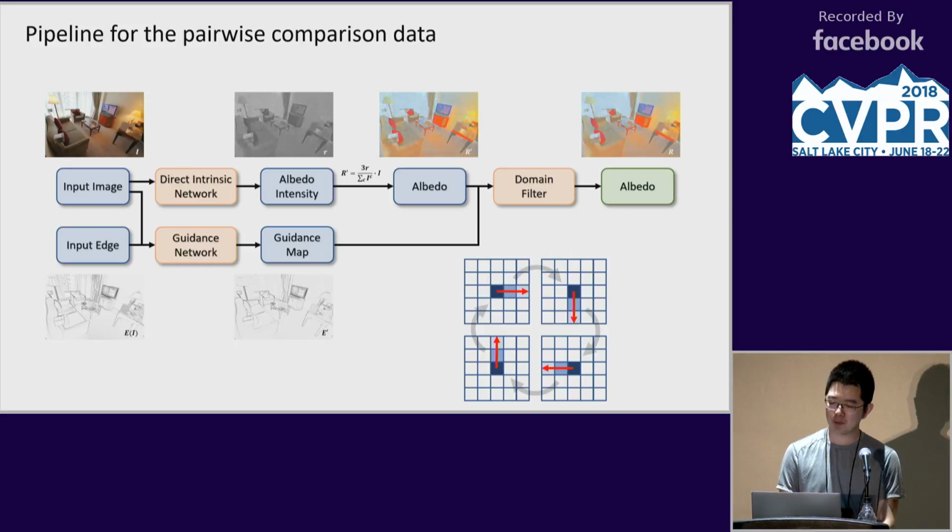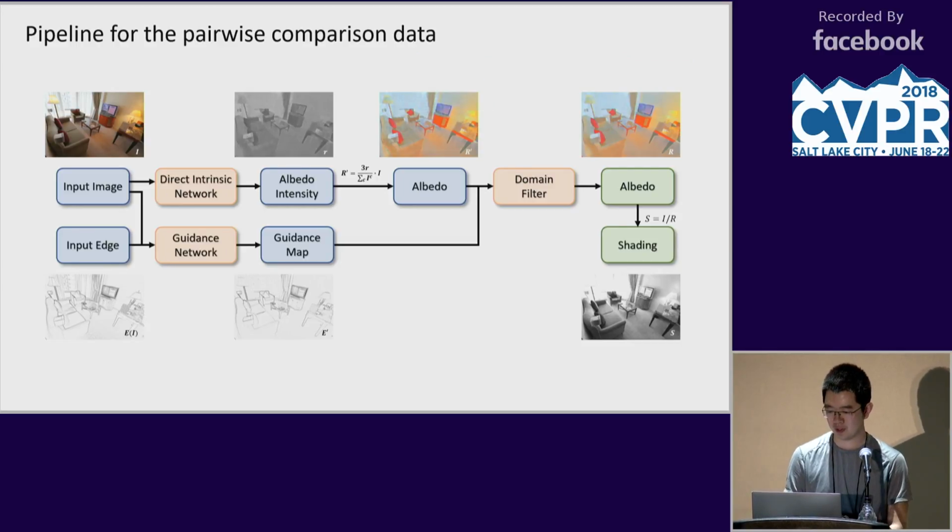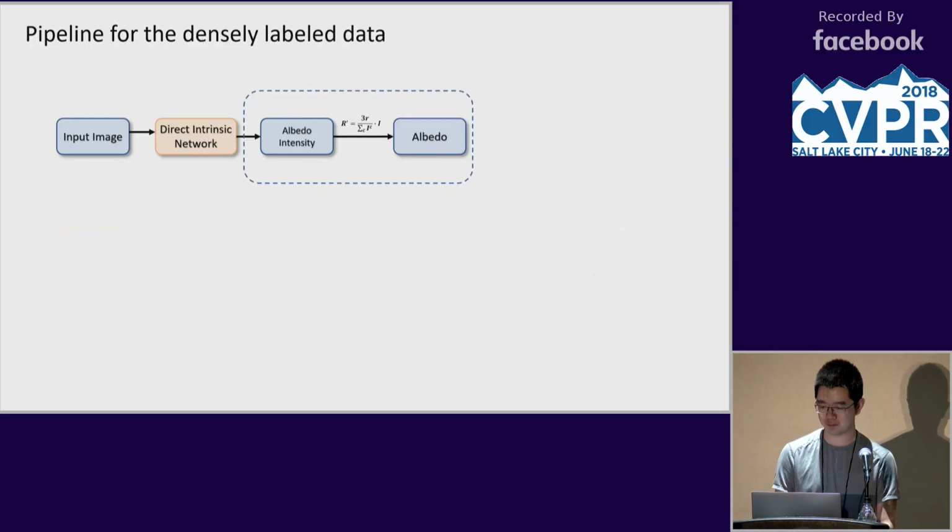Note that the domain filters are parameter-free and support backpropagation. As can be seen in the amplified regions, the final albedo image looks much smoother than the one without being filtered. The corresponding shading image can then be directly calculated based on the input image and the predicted albedo image.